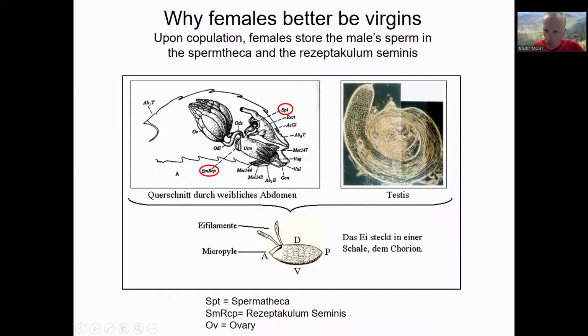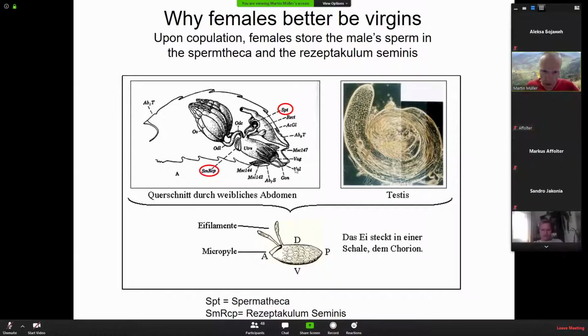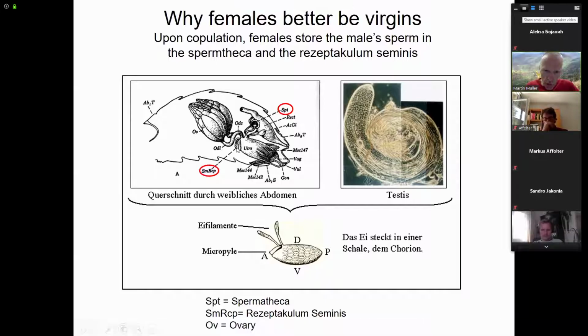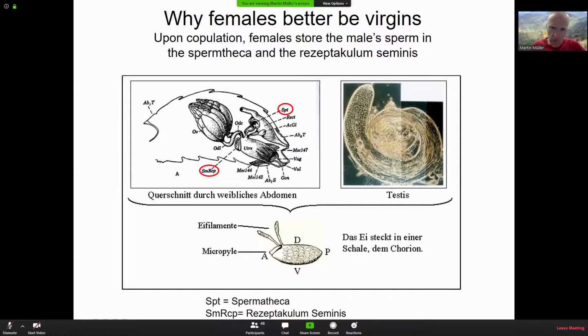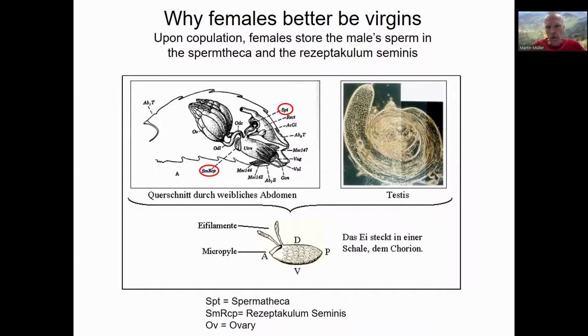Down here are the mature sperm, which are then passed on to the female, and these sperm are stored in these two organs here. So there is, of course, not just one sperm, but probably hundreds or maybe thousands of sperm. I don't know if anybody has ever counted them, could be.